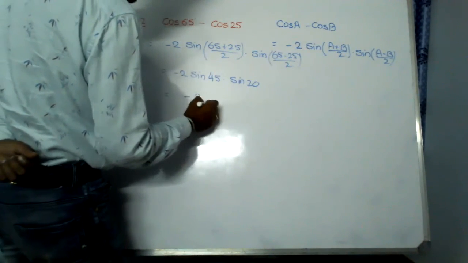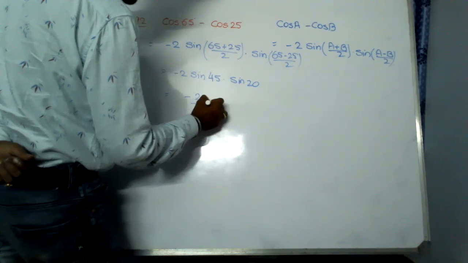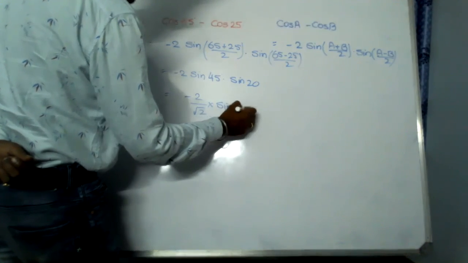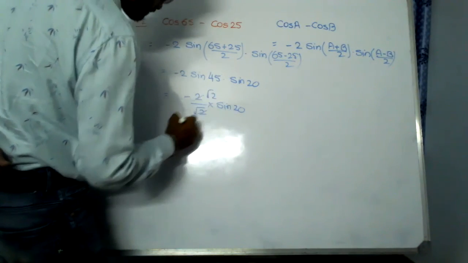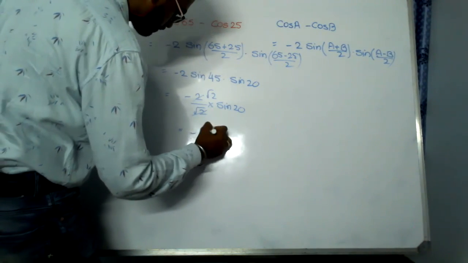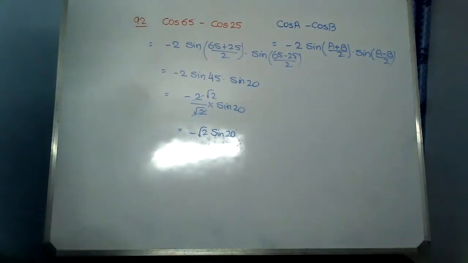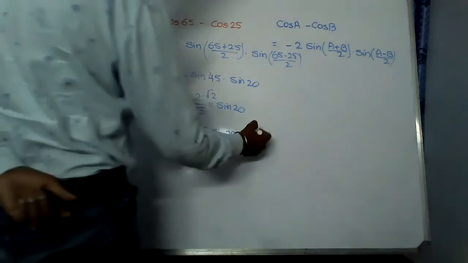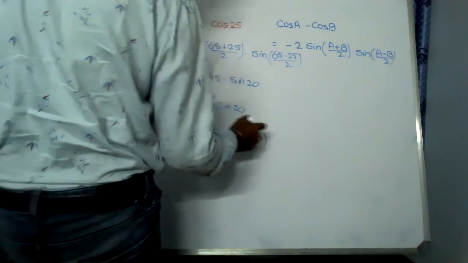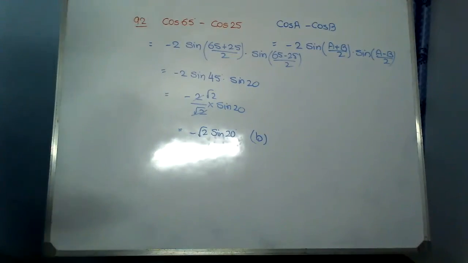This you know, sine 45 is 1 by root 2, so the 2 and root 2 cancel. So the answer will be minus root 2 sine 20 degrees. Do we have such an option? Question 92, minus root 2 sine 20 is your option B. So option B is the right answer.